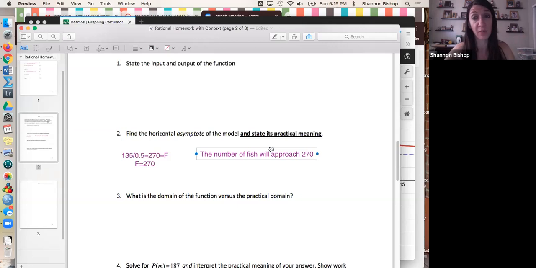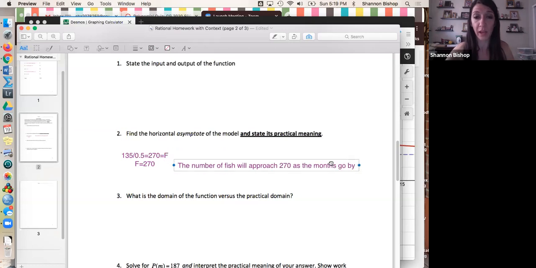Remember our conversation about horizontal asymptotes. You have to plug in a really big input for this number to even come close to showing up. So the number of fish will approach 270 as the months go by. You have to acknowledge that time has got to pass before you're ever going to see this happen.